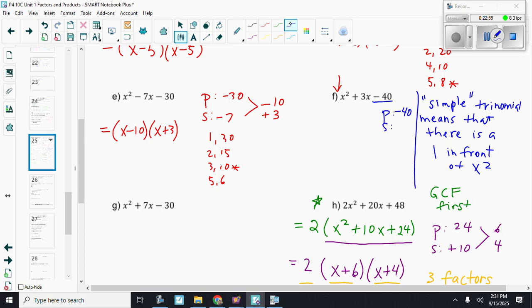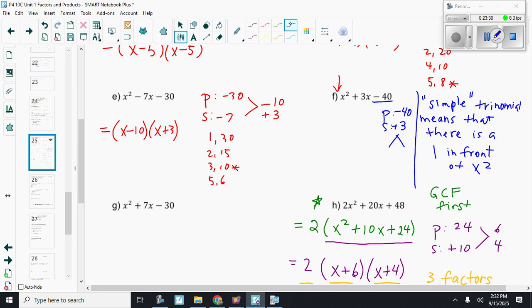The sum, the same two numbers, when we add them together, add up to positive 3. Can it be 1 and 40? No, they're not going to combine to make 3. You just go through the factors. 2 and 20, no. 4 and 10, we're getting closer, but that's still not going to work. How about 5 and 8?